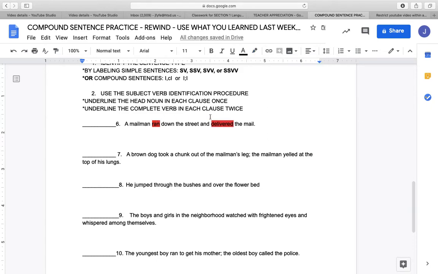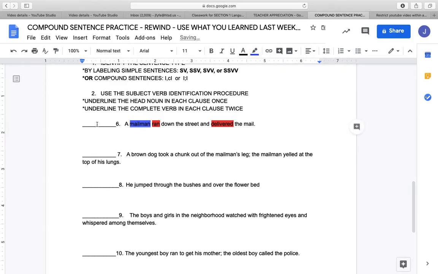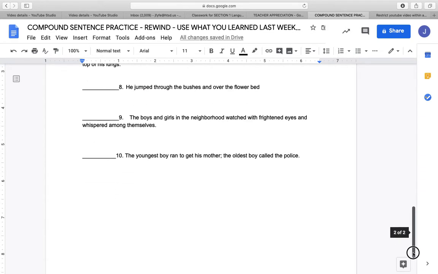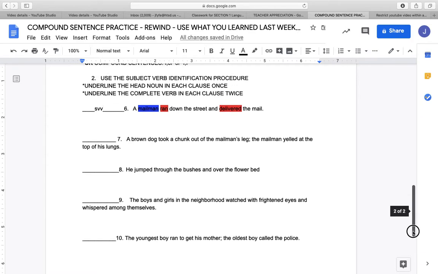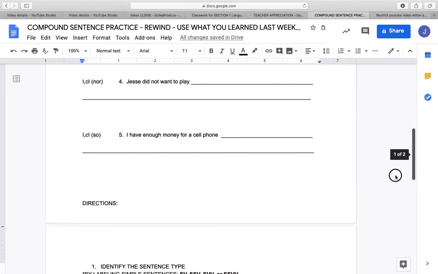Who ran and delivered? The mailman ran and delivered. I'm going to highlight that in blue, and that lets me know this is an SVV. Got it? Okay, you're going to go through and identify the sentence types and highlight or use Notability and the underlining strategy for all of those sentences.